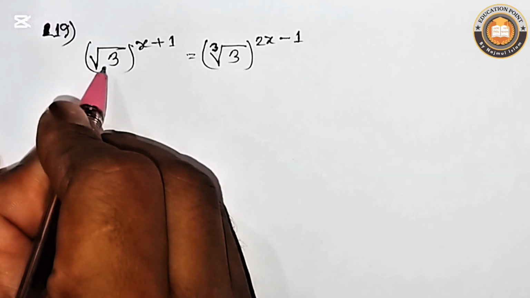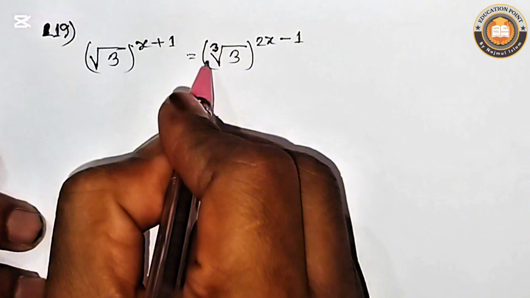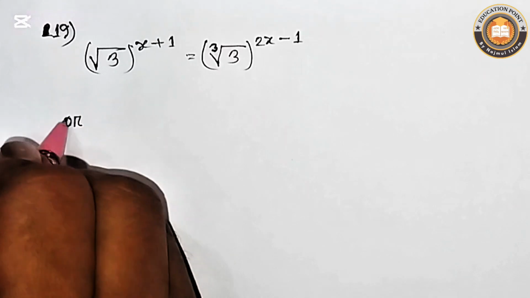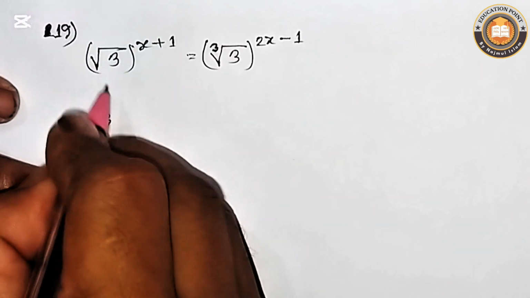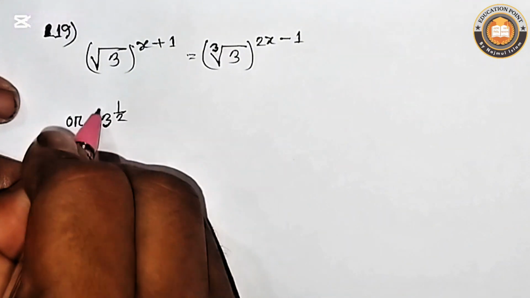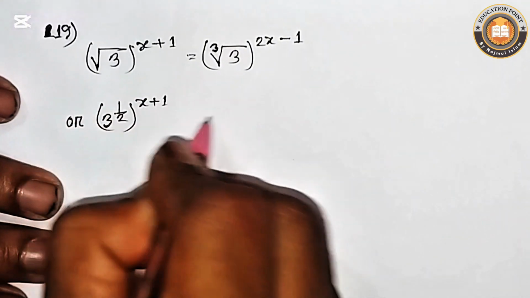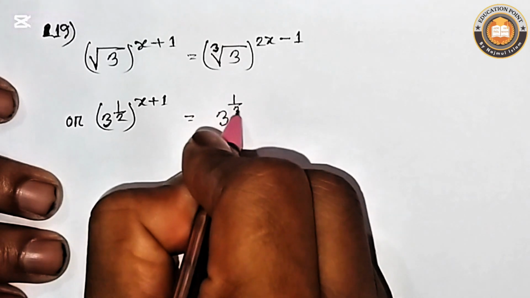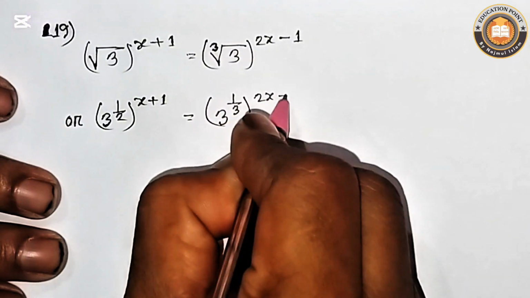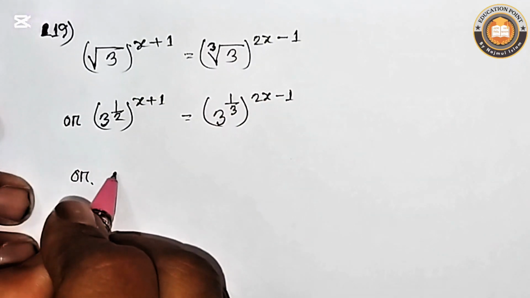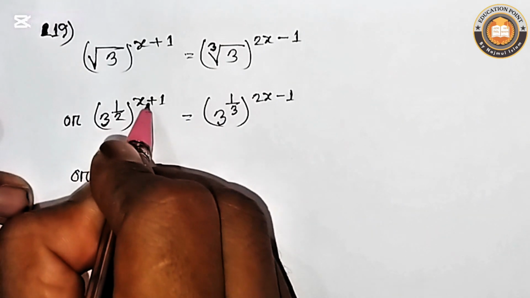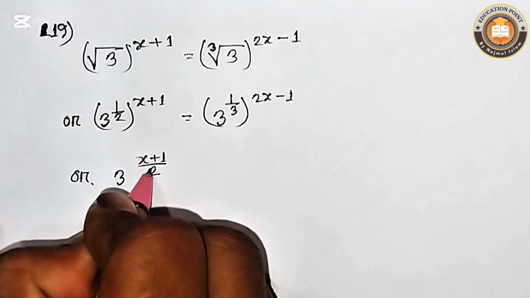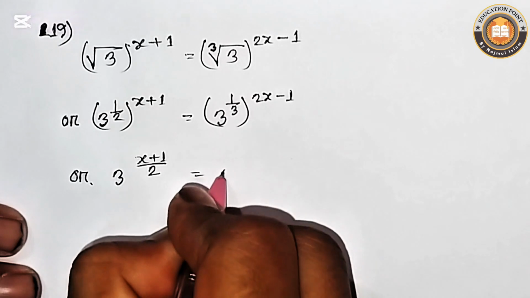Question number 19. Root 3 whole power x plus 1 into cube root 3 then whole power 2x minus 1, or value of root is half, then whole power x plus 1 equal value of cube root equal 1 by 3, then whole power 2x minus 1, or base 3, here power will be multiplied with power, that means x plus 1 by 2 equal base 3.